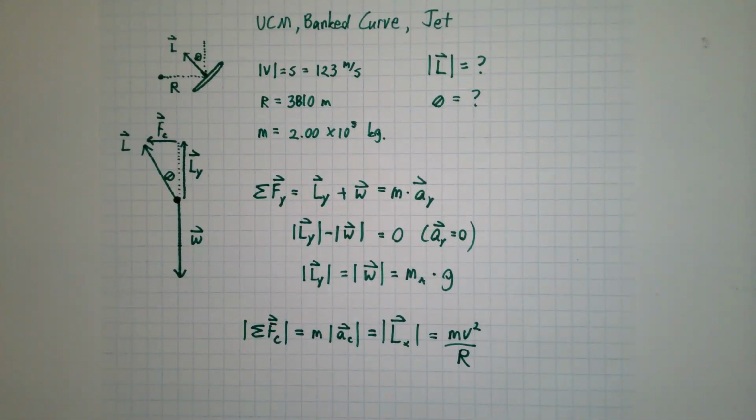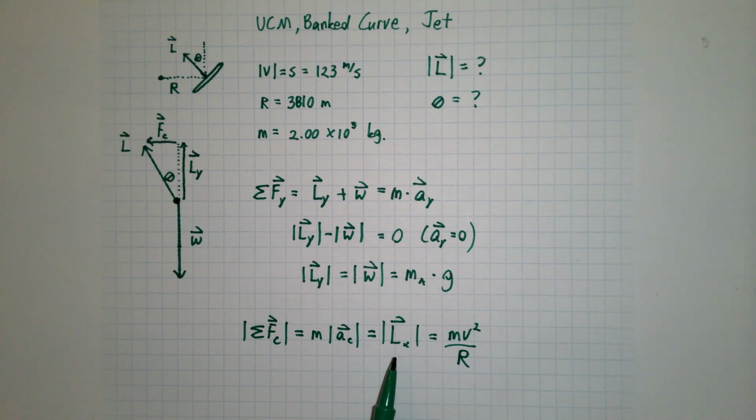So our centripetal force, our lift in the x dimension, is the force that's keeping our aircraft in this circle.